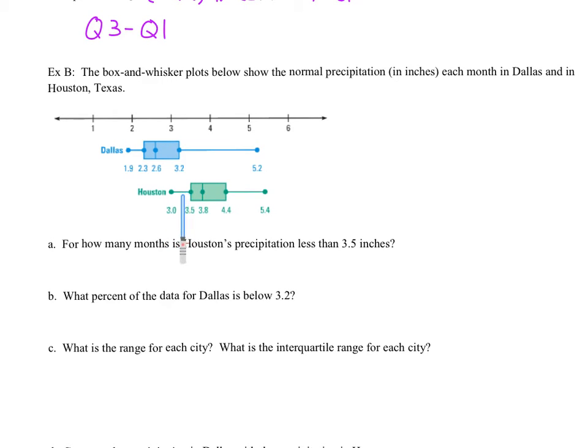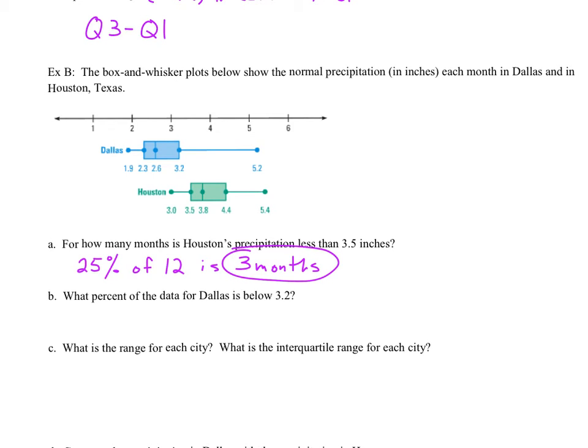So how many months is 25% of the year? There's 12 months in a year, and I divide that by 4, and that gives me 3 months. So 25% of 12 is 3 months.